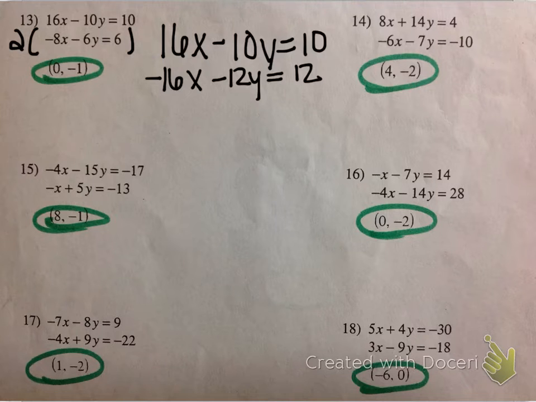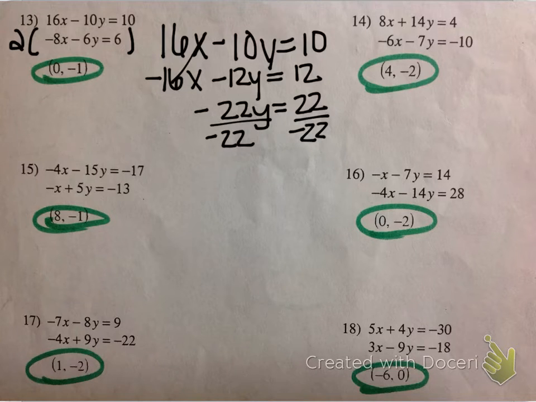Alright, so if we look at this, that does what we want it to do. The 16x is going to cancel, and then we have negative 22y, and this is going to be positive 22. So we're going to divide by negative 22, and we're going to get y equal to negative 1. Alright, so we have y equals negative 1.